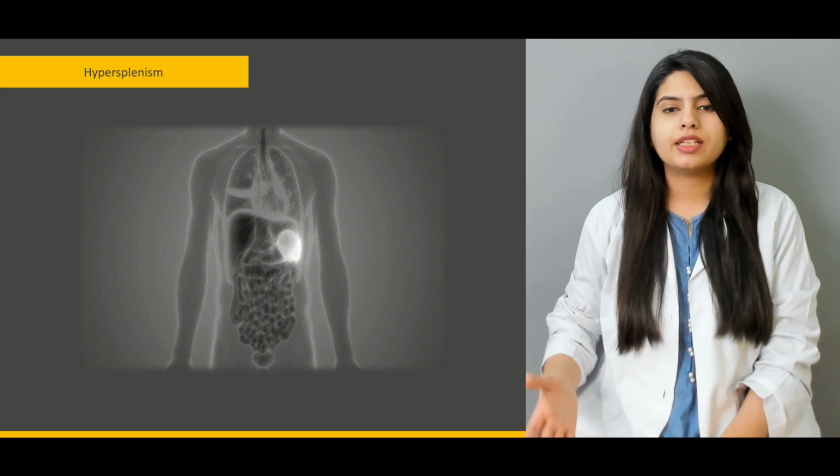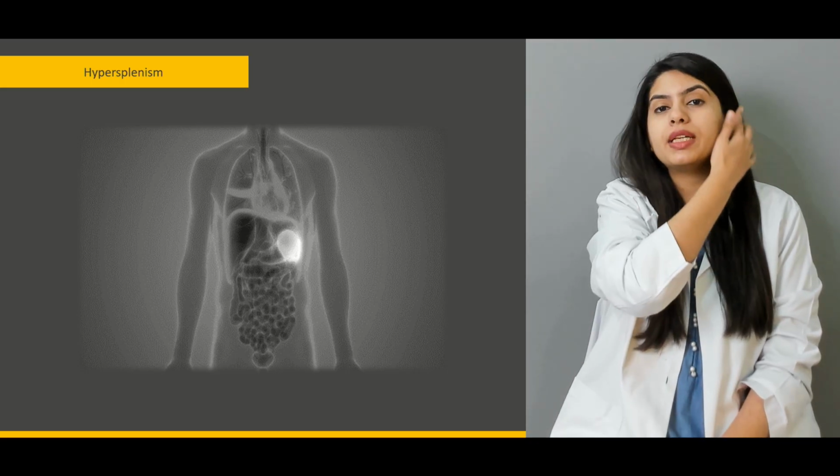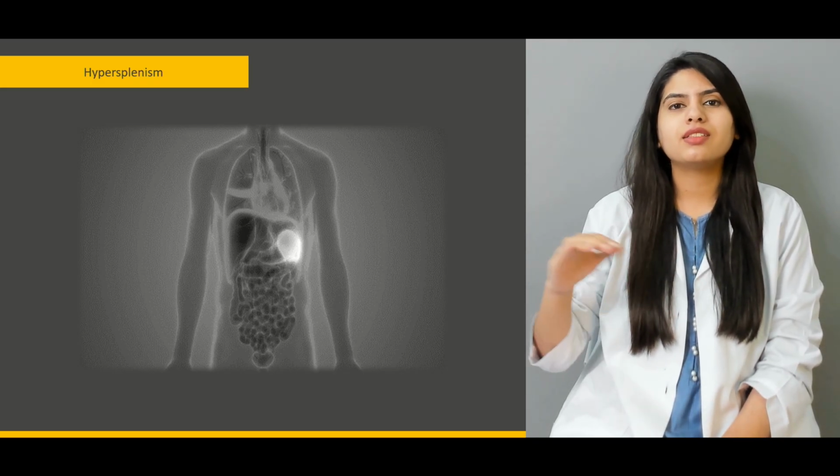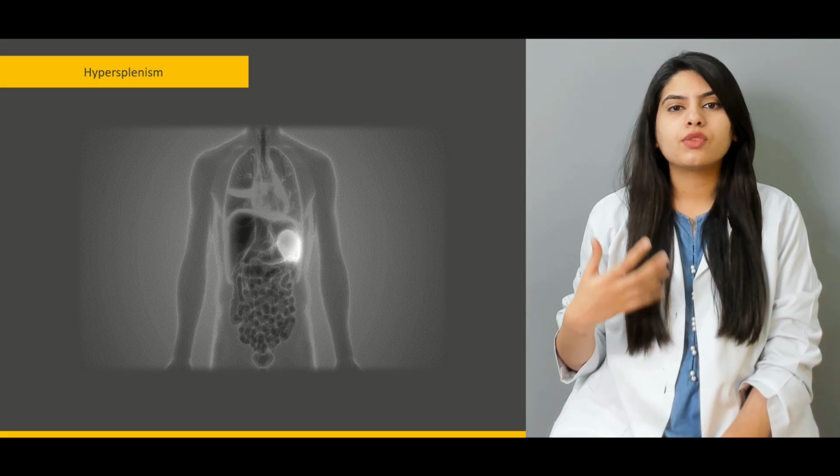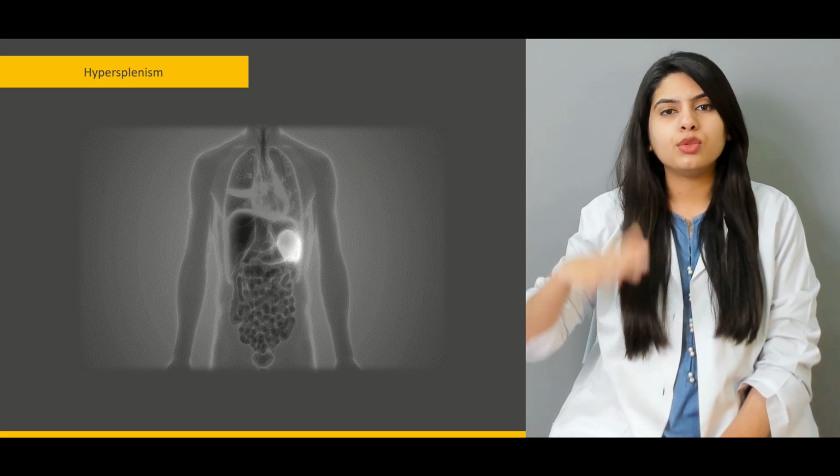Then hypersplenism can be another reason for hemolytic anemia. How? Because the spleen is the exit place for the red blood cells. Whenever there is hypersplenism, obviously the function of the spleen is reduced.